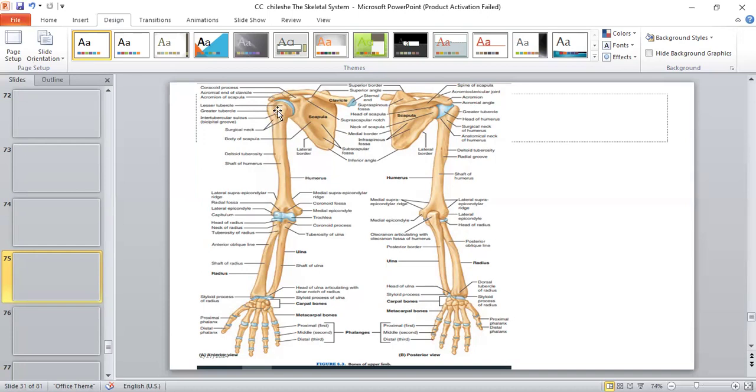we are going to call it the intertubercular sulcus. Okay, the intertubercular sulcus is also known as the bicipital groove.